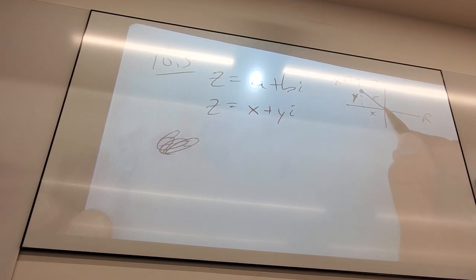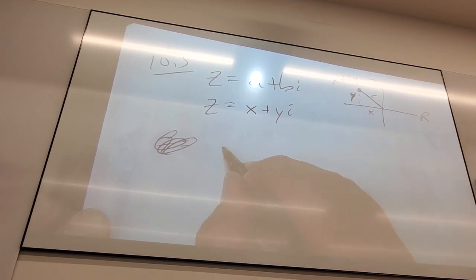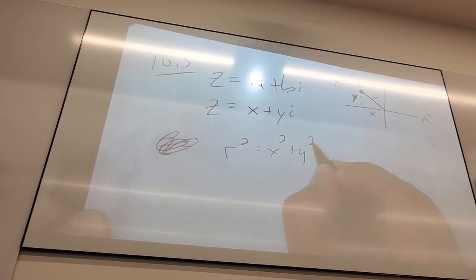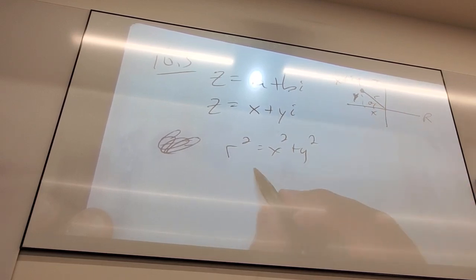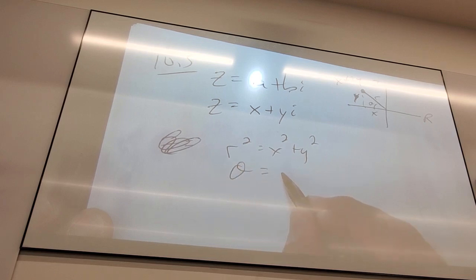Pythagorean. Yeah, good. So r squared would equal x squared plus y squared. That was very familiar. How would I get the angle? Good. Inverse tangent of y over x, yes.